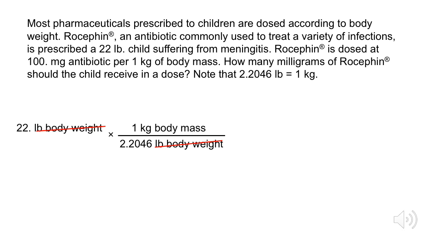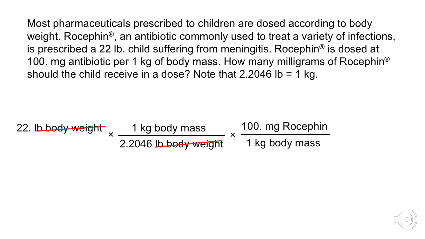Now you can use the other conversion factor that's listed in the question. It says that Rocephin is dosed at 100 milligrams of the antibiotic per 1 kilogram of body mass. So a second conversion factor can be set up. On the bottom of that conversion factor, it should read 1 kilogram of body mass, and on the top, it should be 100 milligrams of Rocephin.